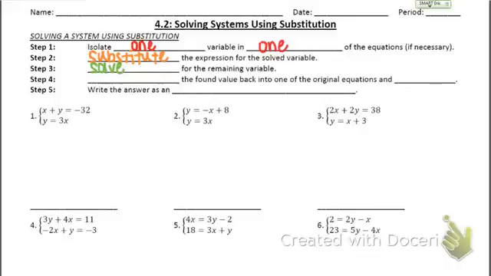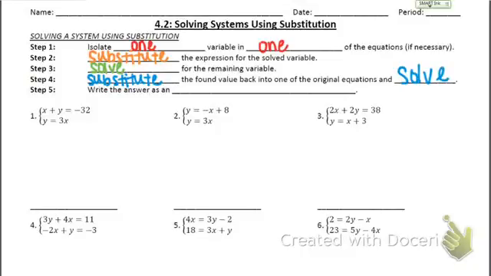But if I'm looking at a graph, I should have an answer that's an x and a y, correct? So then I'm going to substitute my answer back in and solve for the other variable.